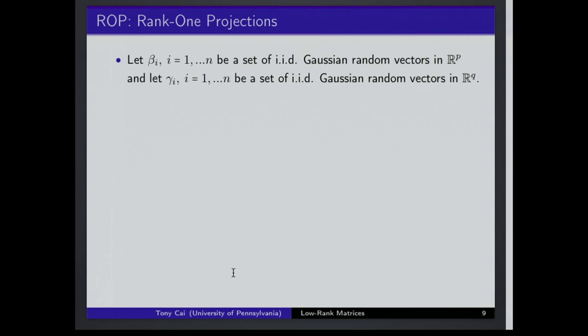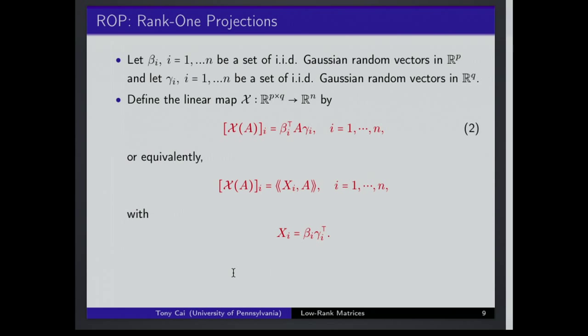You generate those random vectors, and you measure the matrix A through such a linear operation: you simply left multiply by beta i transpose and right multiply by gamma i. In other words, you generate the measurement matrices by a rank 1 operation, so xi is simply beta i gamma i transpose.